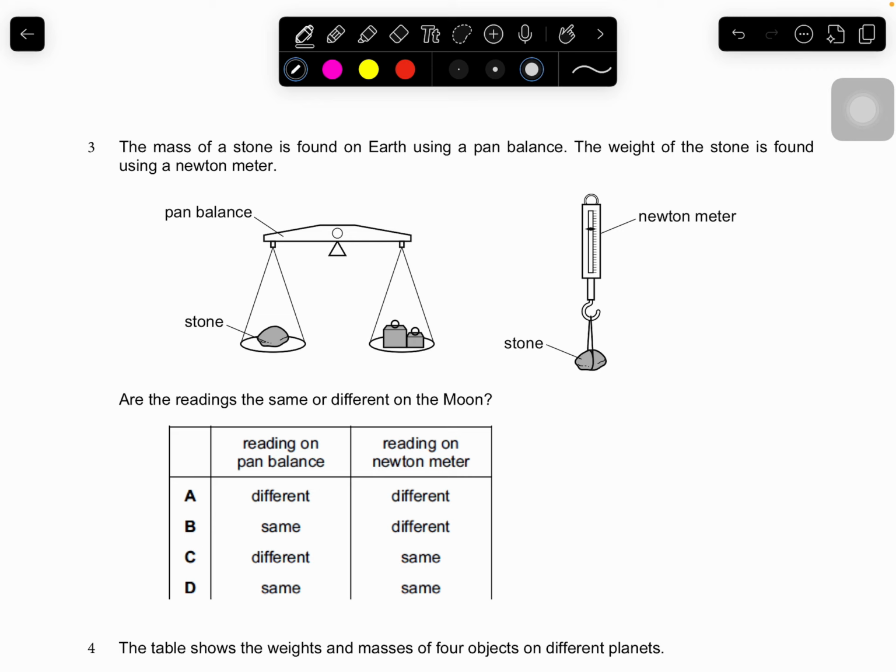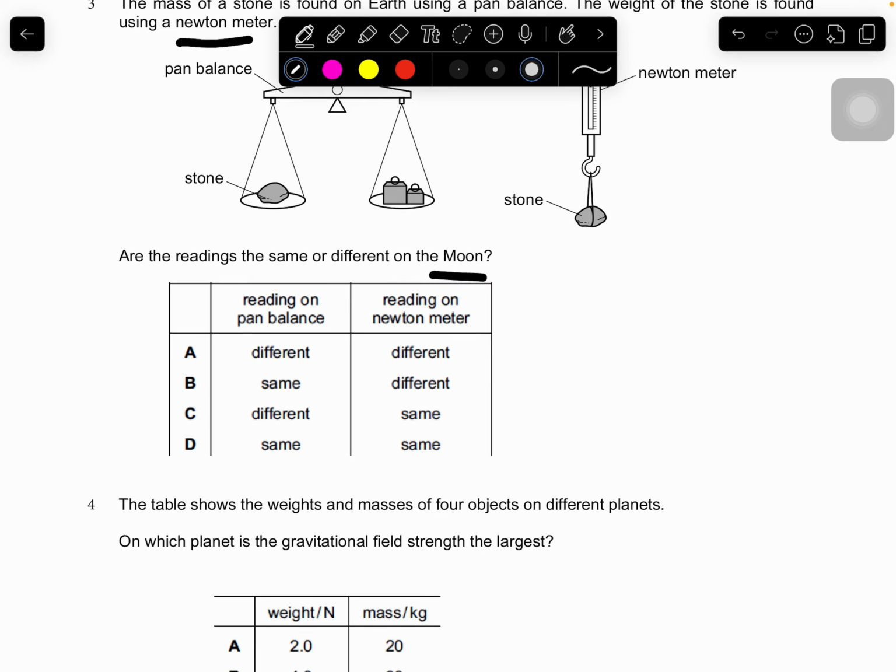Next, the mass of a stone is found on Earth using a pan balance. The weight of the stone is found using a Newton meter. Are the readings the same or different on the moon? What do you guys think? So the readings on the pan balance are going to be the same, yes. That's because it's measuring the mass, and we learned that mass is the number of particles or amount of matter in a body, and the number of particles doesn't change no matter where you are.